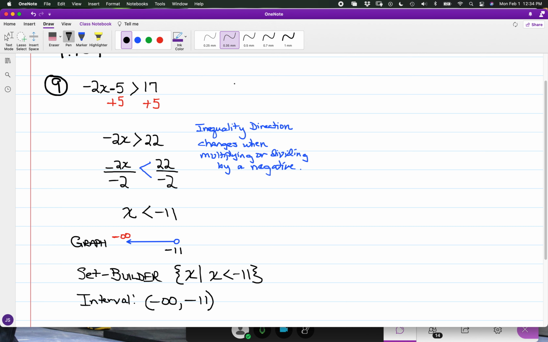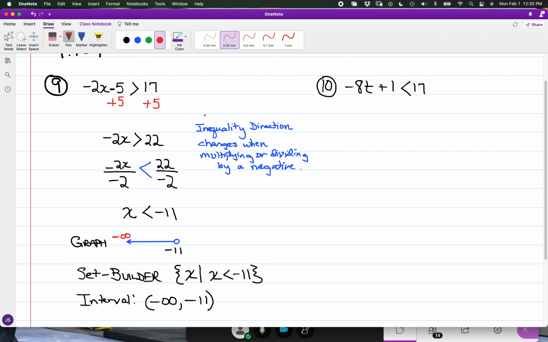Now, in the case of number 10, this time we're going from solving for x to solving for t. For this inequality, we have negative 8 times t, plus 1, is less than 17. So we have 17 again as our constant on the right.